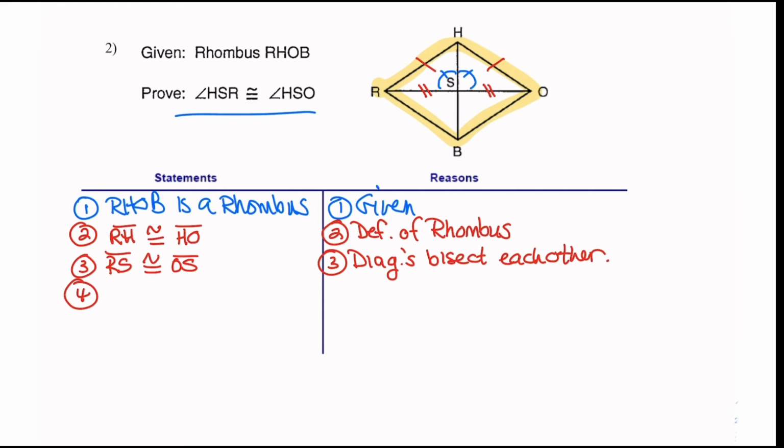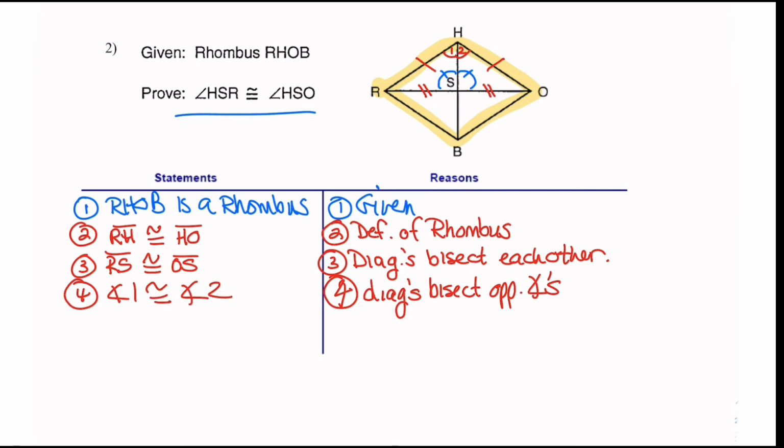Maybe we can say that these two angles, 1 and 2, are congruent, and there's a reason for that one. That would be that diagonals bisect opposite angles. So angle 1 and 2 will be congruent to each other. Those pair of angles are congruent. The other pair are not bisecting, not coming from the same bisected angle.